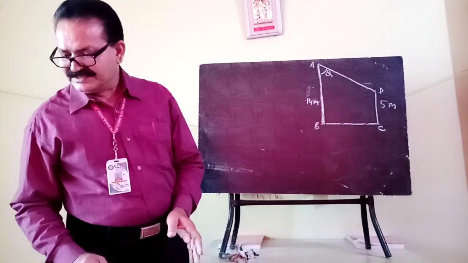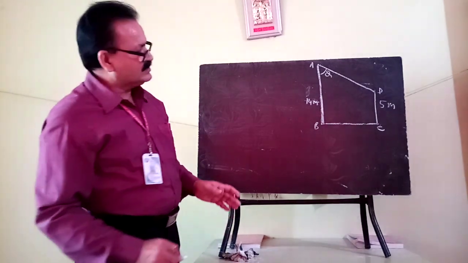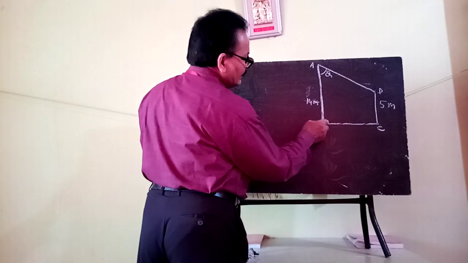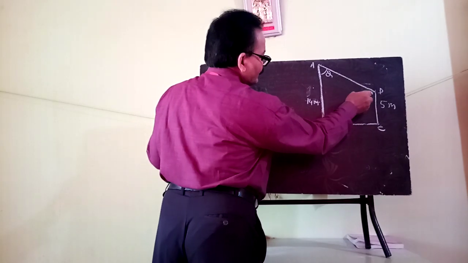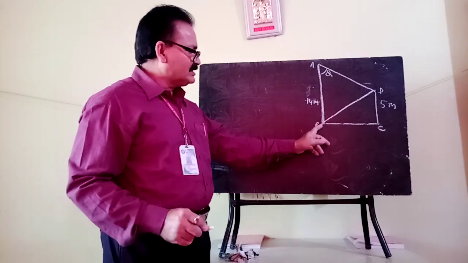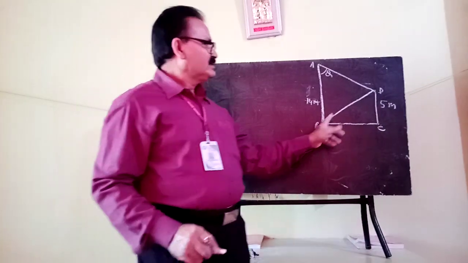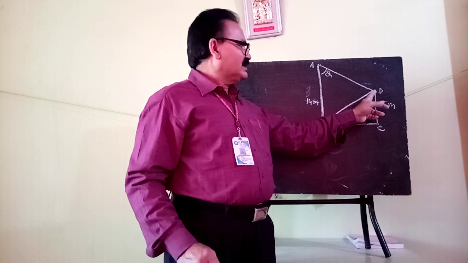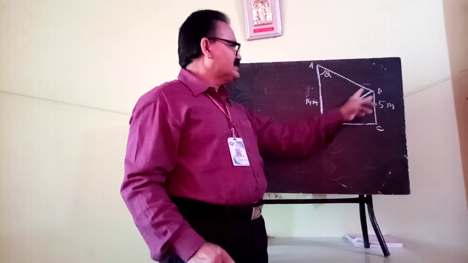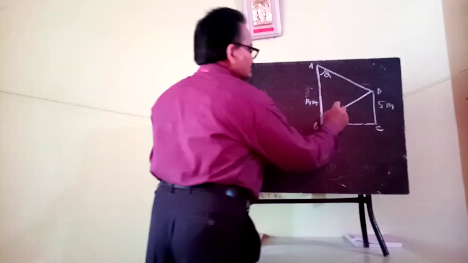Now your question is, if you join the diagonal BD, because the foot of the first pole touches the top of the second pole, the length of this is 13 meter.